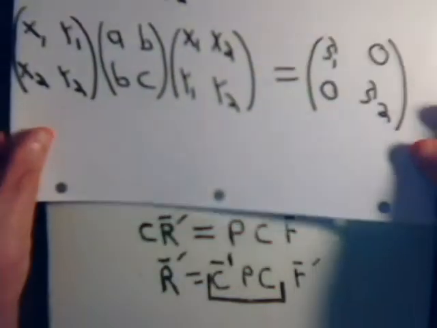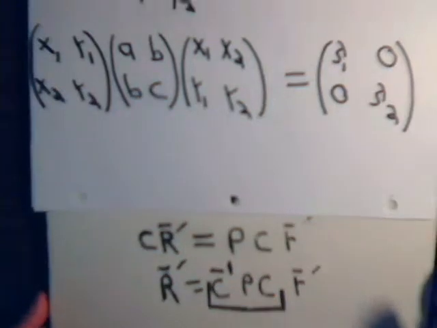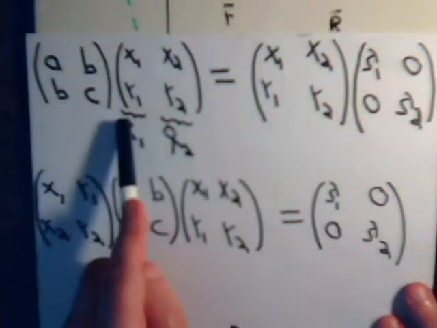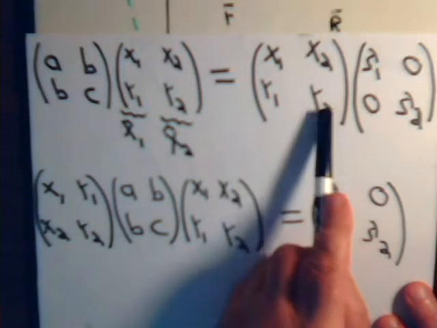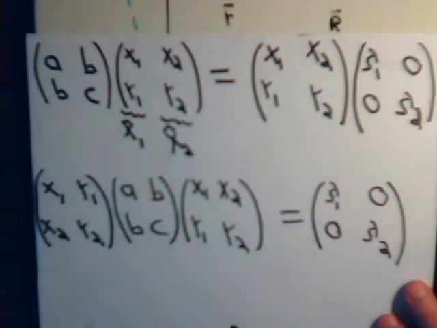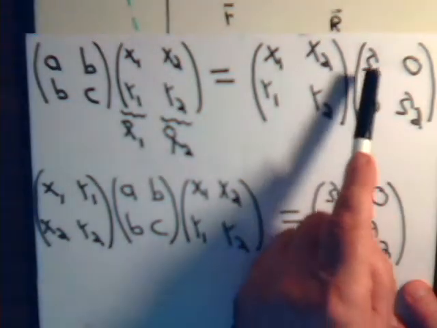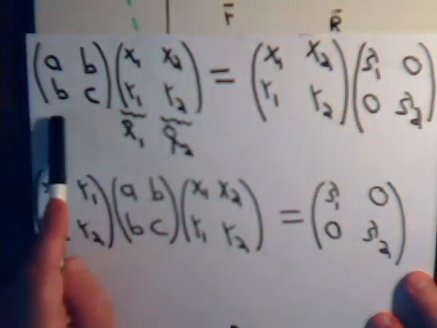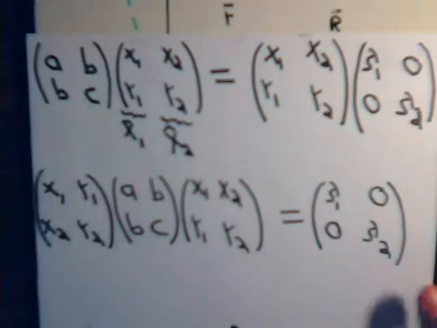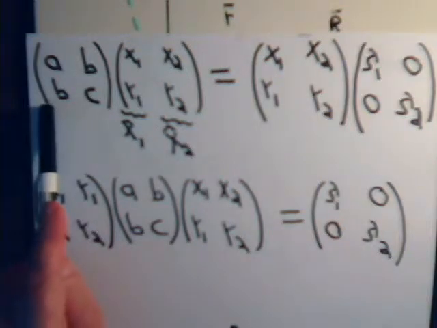So that's what we have right here. Everything is 0 except the diagonal, and what comprises the diagonal in this case are just the two eigenvalues of our matrix here.